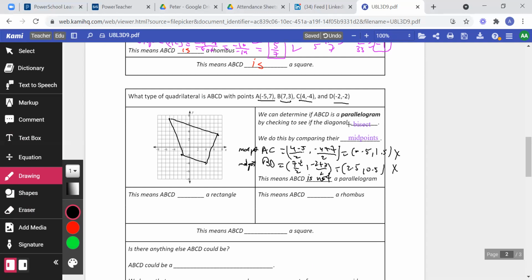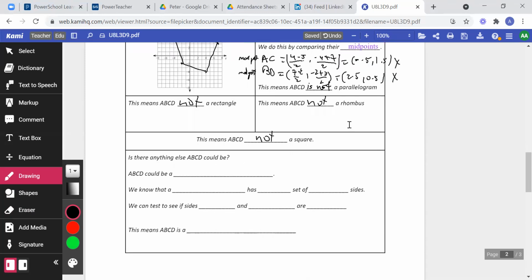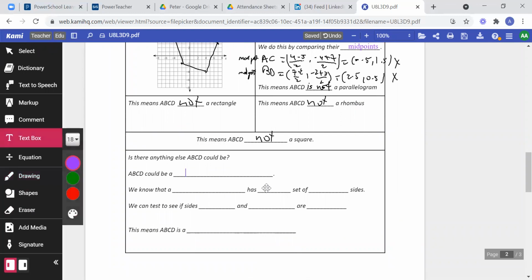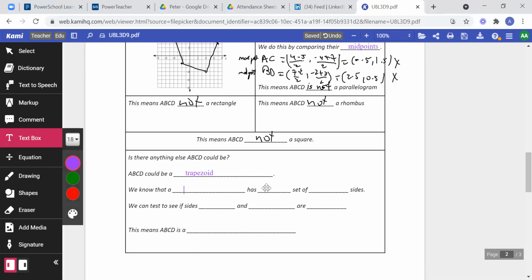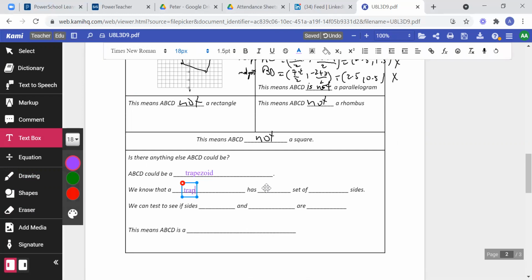Which shape could it be? We can then verify if it could be a trapezoid by doing what?